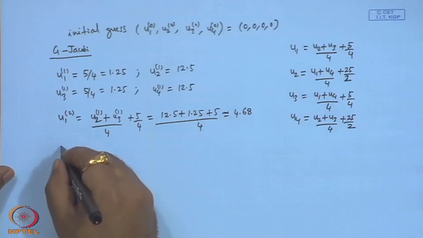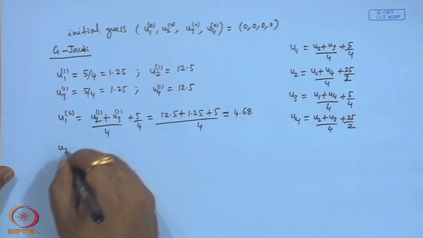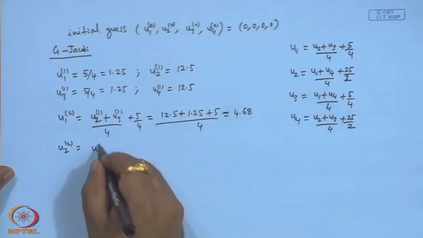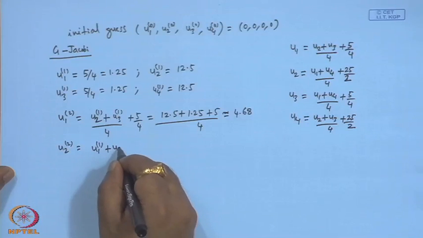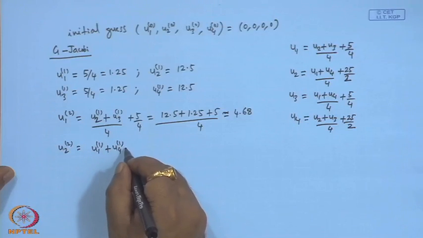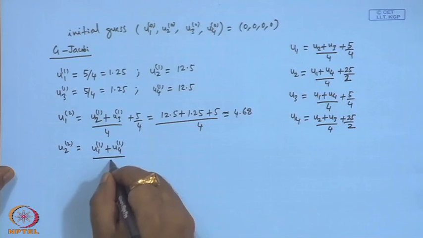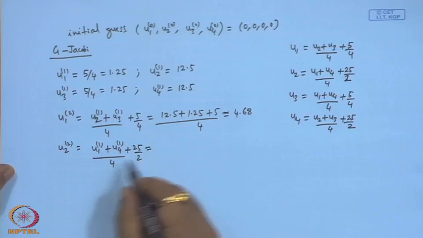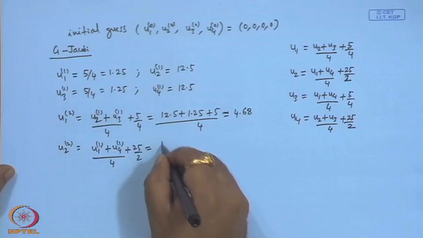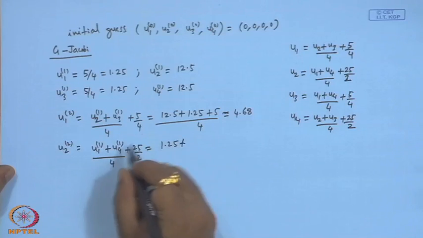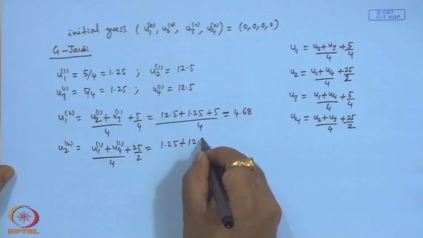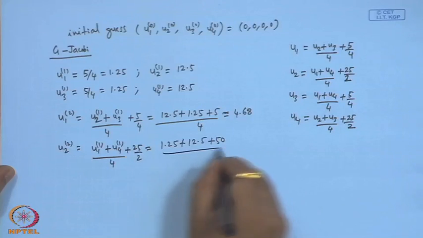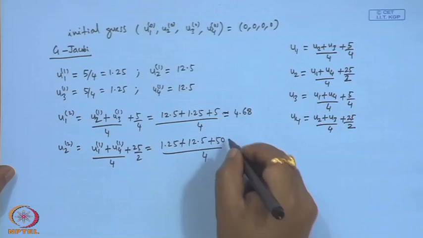Okay. So, then u 2 2. So, u 1 1, u 4 1 by 4. So, this will be u 1 1, u 4 1 plus 50 whole by 4. So, this is 50 by 4.